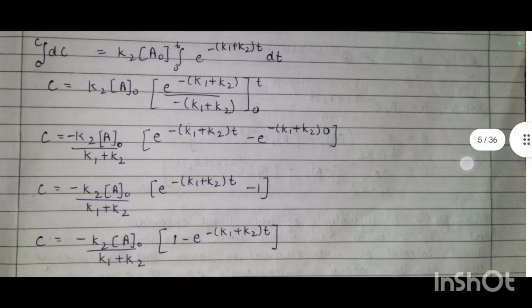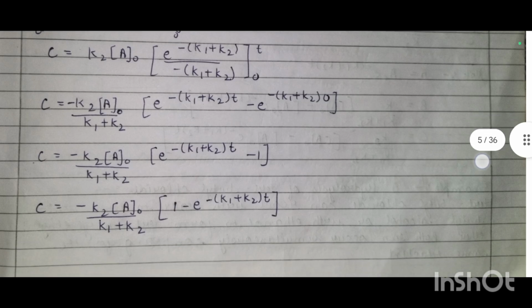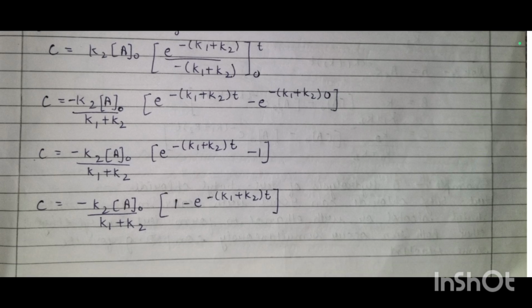The concentration of C is equal to -K2 A0 divided by (K1+K2) times [e^(-(K1+K2)t) minus e^0]. So C is equal to -K2 A0 divided by (K1+K2) times [e^(-(K1+K2)t) minus 1].